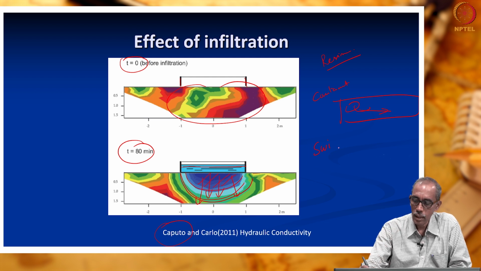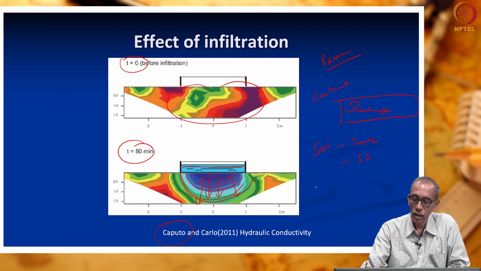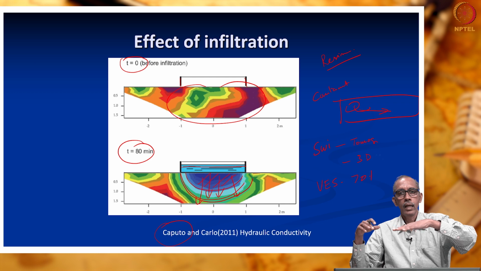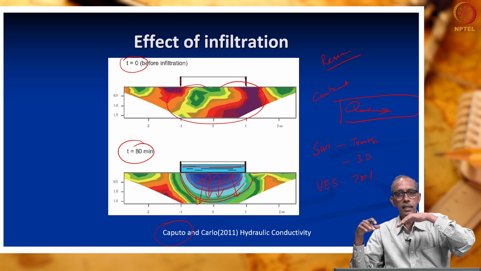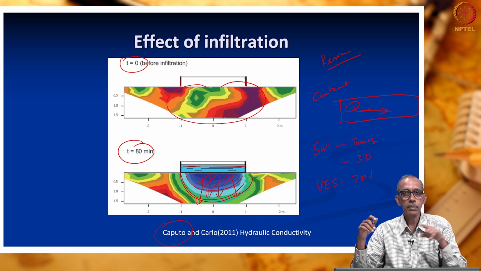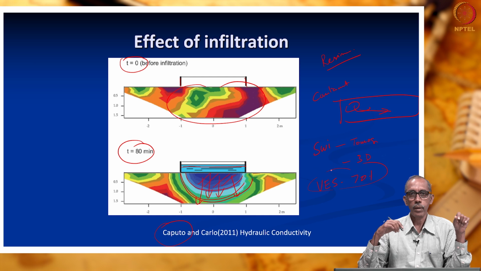We also saw how we can prepare a 3D image to understand seawater intrusion. Then we saw how vertical electrical soundings carried out at nearly 70 locations can be converted into a 3D data set to understand the spatial variation, the depth wise variation and the profile wise variation in apparent resistivity.